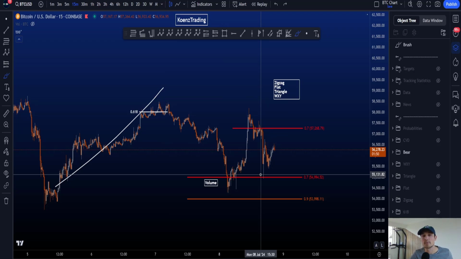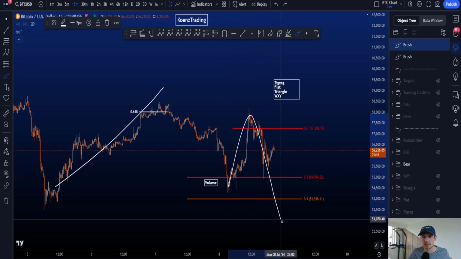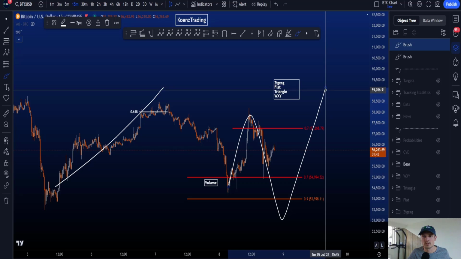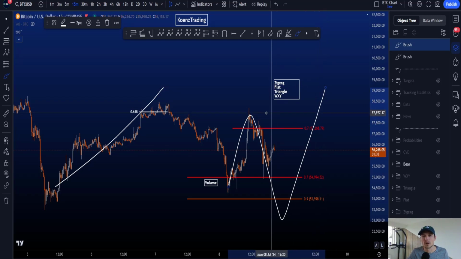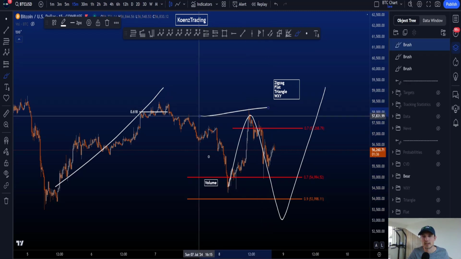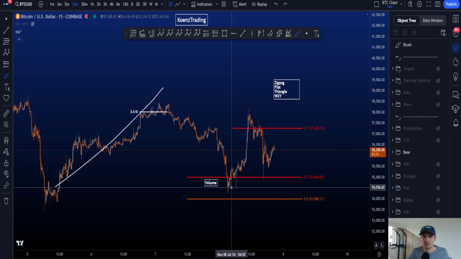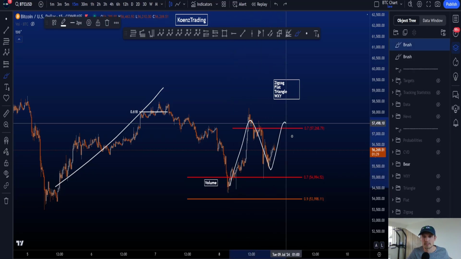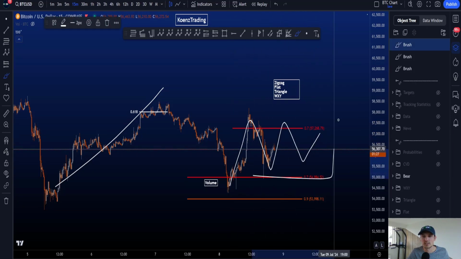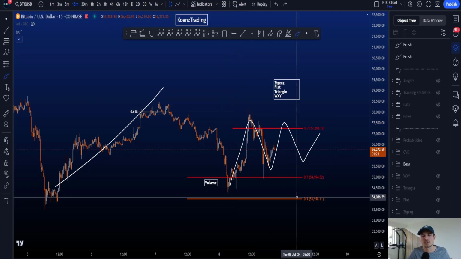Wave Y can only be a flat or a triangle, which means for a flat, A, B, and then a wave C to the upside, which in other words, will still lead to price moving to the upside and taking out the high, right? Or you're going to be looking for a triangle, which then means A, B, C, D, E, which is once again a continuation of the local range, right?